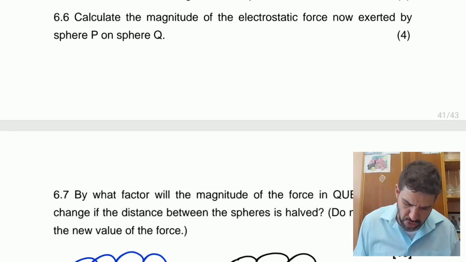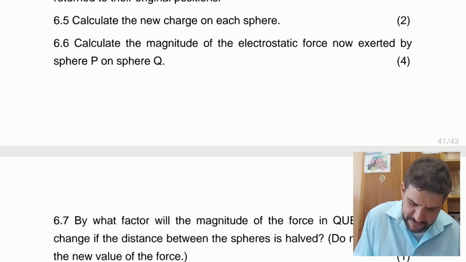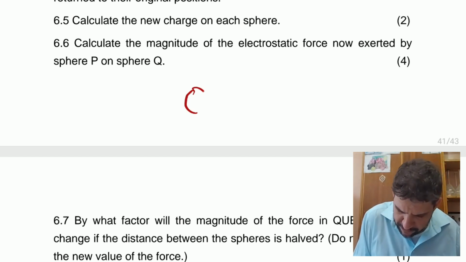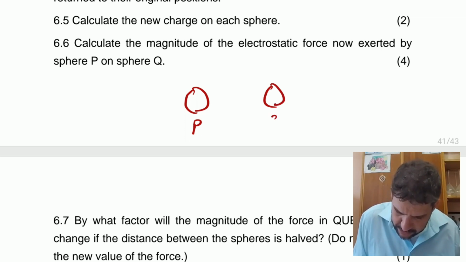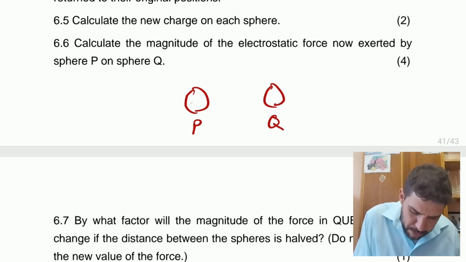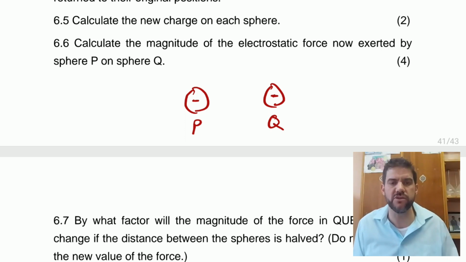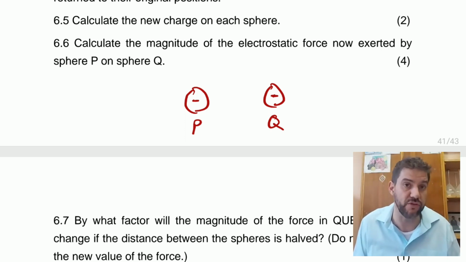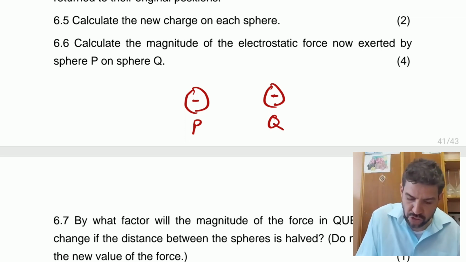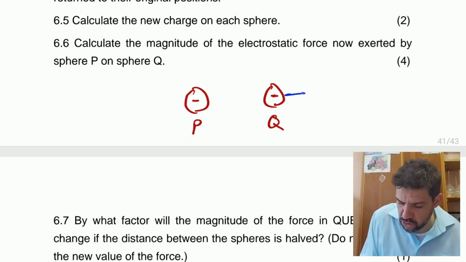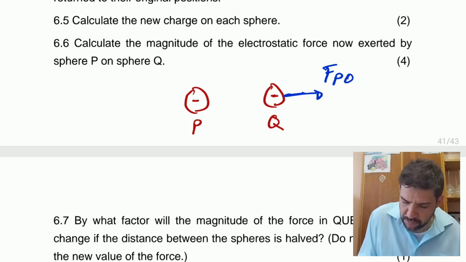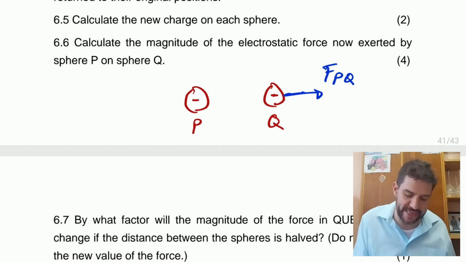So P on Q, and if we go here before we even move, now remember you have P, you have Q. Those charges are both negative because that is after they separate each other. So they're going to repel. P on Q is going to be pushing Q to the right. This one is F, P on Q. And Q is pushing P to the left.